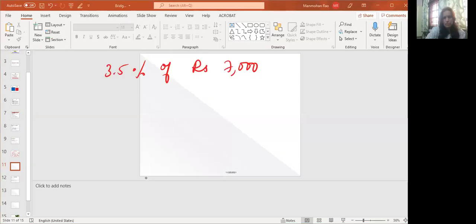X equals 5 is correct. Yes. How do you calculate this? 3.5 upon 100 multiplied by 7,000. Quickly, I want the answer.